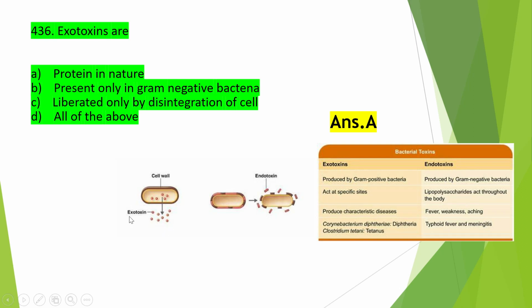Okay, so this is the exotoxin. Exotoxins produced by gram positive bacteria act at specific sites and produce characteristic diseases like Corynebacterium diphtheriae producing diphtheria, and Clostridium tetani producing tetanus. So they give the exotoxins.